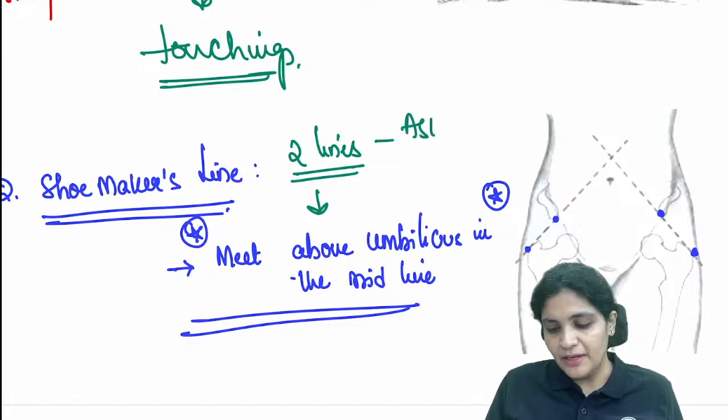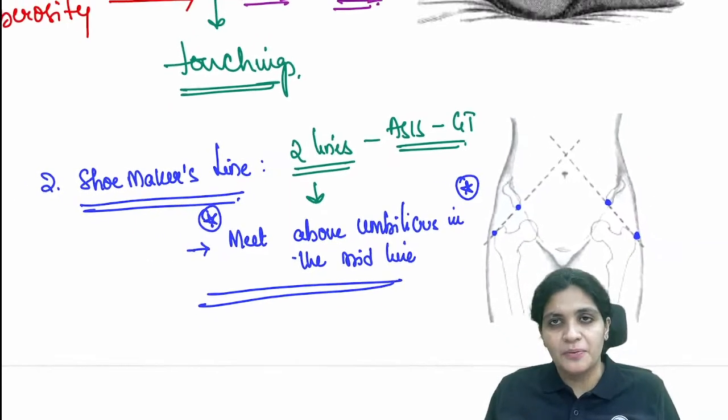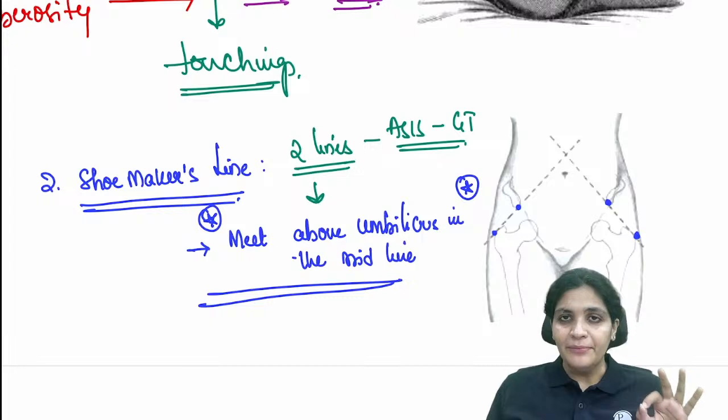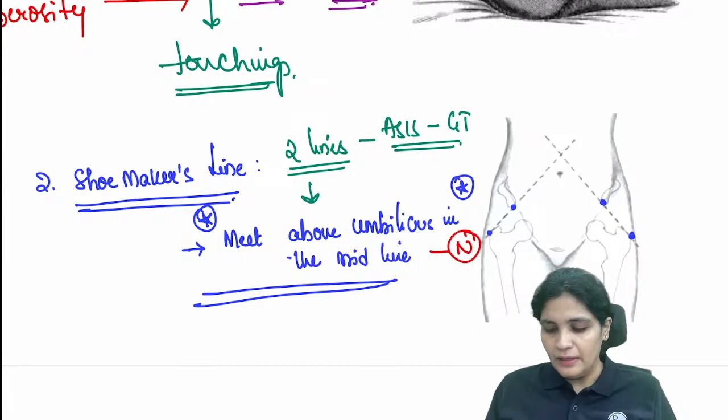Two lines from ASIS to GT. These are two very, very important bony prominences: one is the anterior superior iliac spine, one is the GT. You draw a line from the GT to the ASIS on both sides, and they have to meet above the umbilicus in the midline. That is normal.